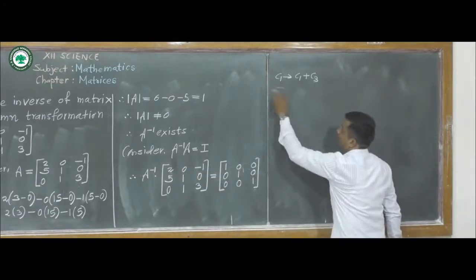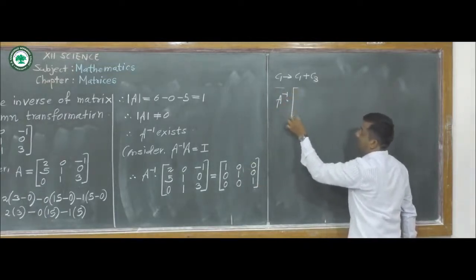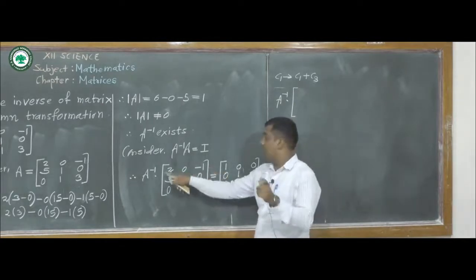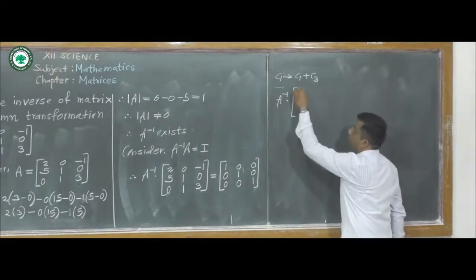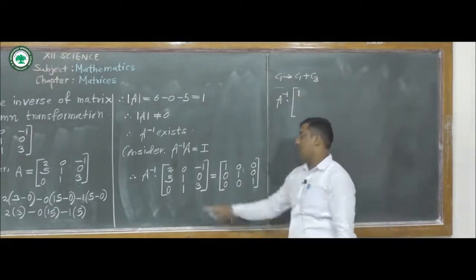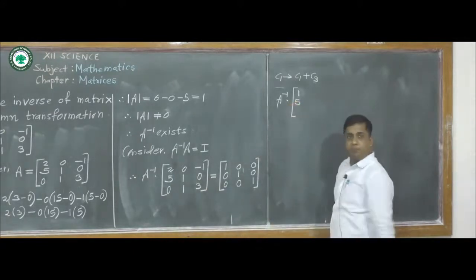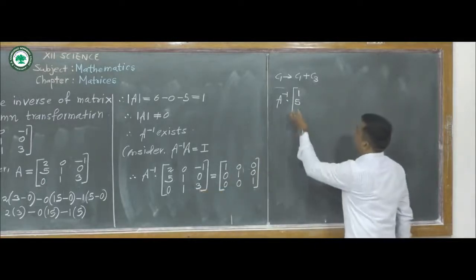So in this equation, A inverse first, then inside the matrix, we consider C1 plus C3: 2 minus 1 is 1, next 5 plus 0 is 5, next 0 plus 3 is 3.